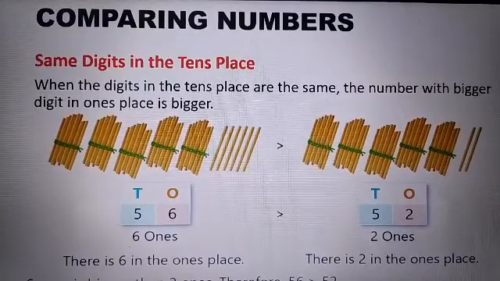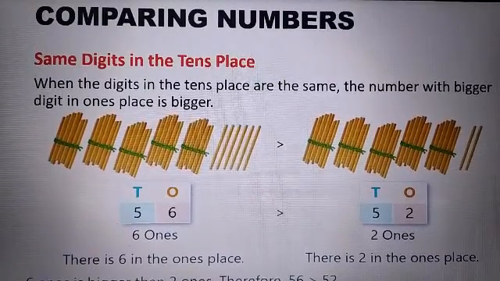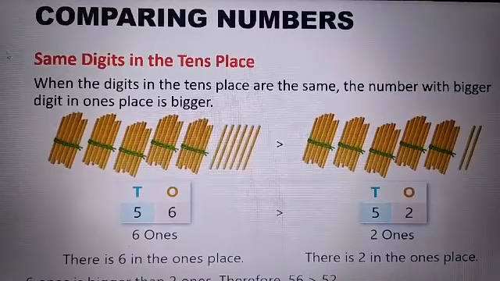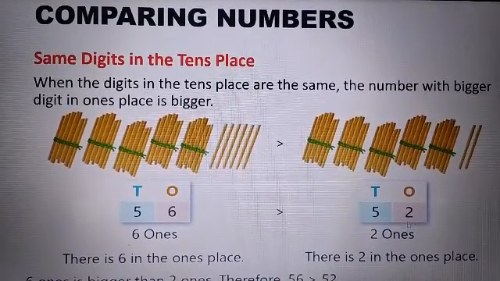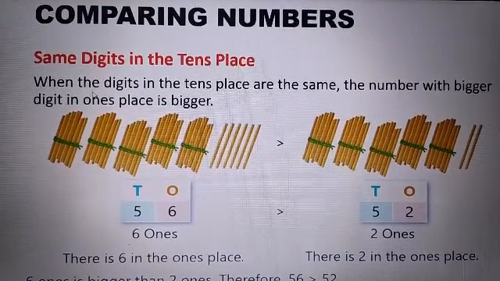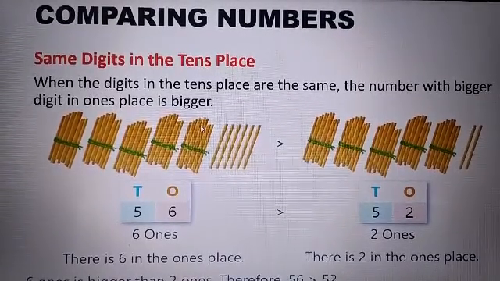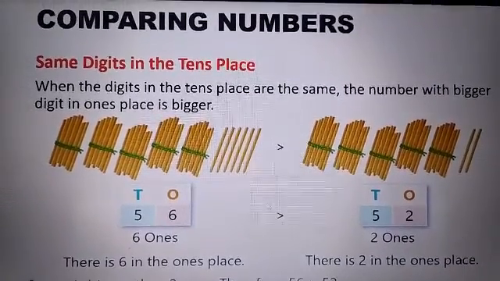Now, when the digits on the tens place are same, what are you going to do? Let us see. When the digits in the tens place are same, the number with the bigger digit in the ones place is bigger. Now you have to move to the ones place.